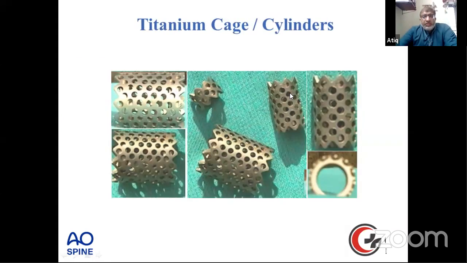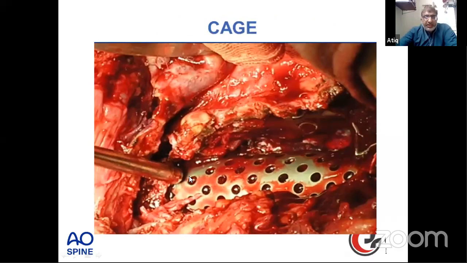We are nowadays using hard titanium cages. These are the hard titanium cages, and these are hollow from the inside. We put the morselized bone graft, that is, if we are using the thoracic spine, the thoracic rib, and we put that in the cage. We put that cage in anteriorly.